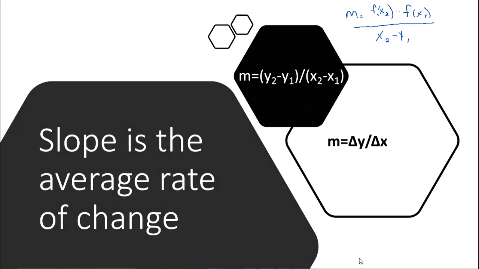And the other thing, just a quick reminder while we're here, if we have an equation in slope-intercept form, we have mx plus b, so this m is our slope. I'm going to clear these drawings.